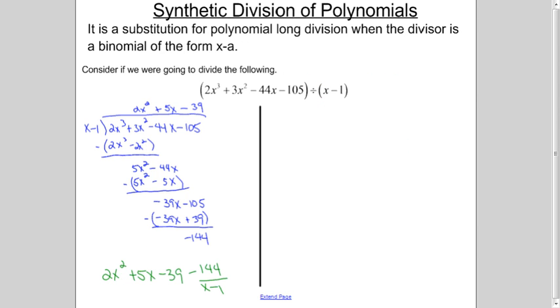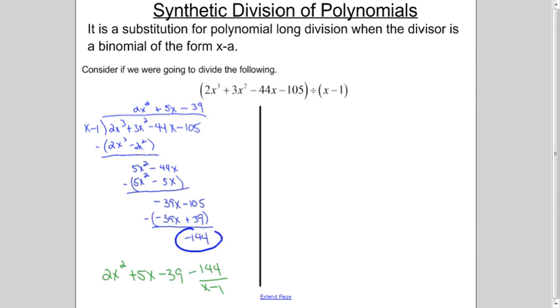Consider we're going to divide 2x cubed plus 3x squared minus 44x minus 105 by x minus 1. Again, you see that I have the polynomial long division done out, and in green I have the answer: 2x squared plus 5x minus 39 minus 144 over x minus 1.